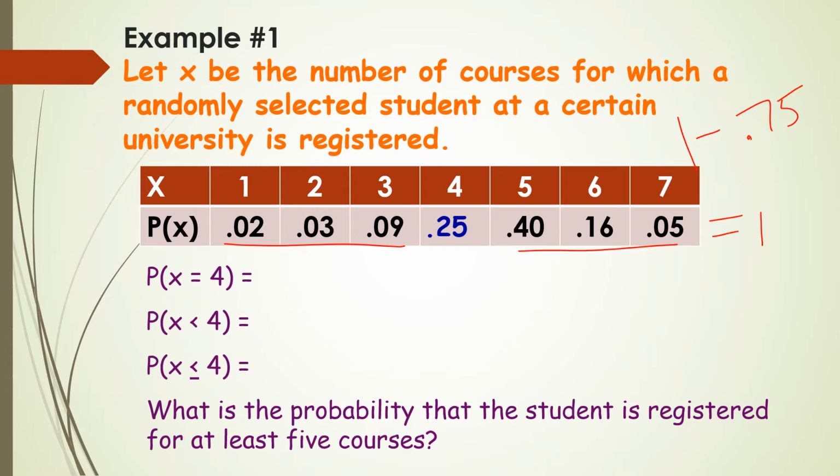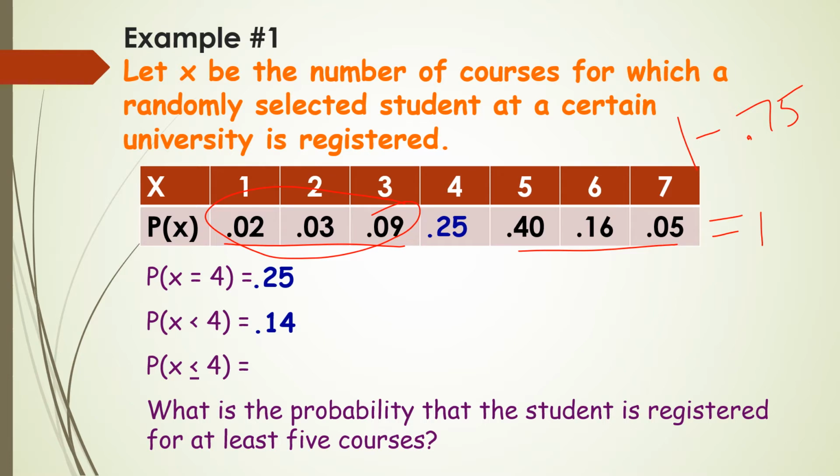So for my first one, it's asking what's the probability that the number of courses that a student takes is equal to 4. Well, that's easy, it's 0.25. And from there, I'm just going to read and add or do whatever I need to answer the question. It says, what is the probability that the number of courses is less than 4? Less than 4 would be to add those up, and that looks like 0.14, if I'm correct.